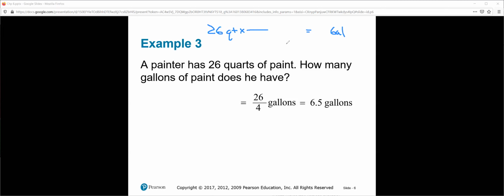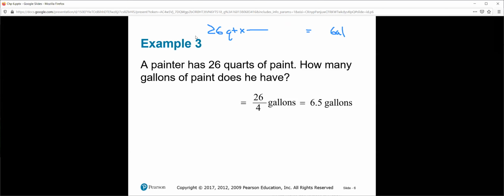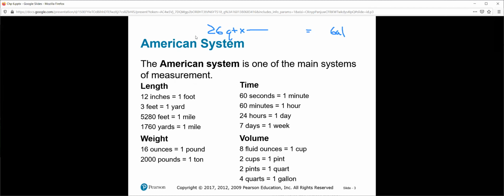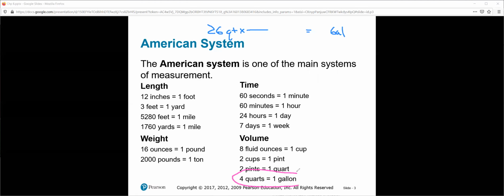Now I need to know, do I have a conversion from quarts to gallons? To know that, I look it up, right? Or in this case, we're back to the chart. And I notice down here, I have 4 quarts and 1 gallon. Sweet.